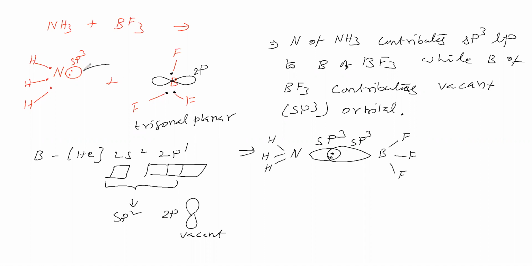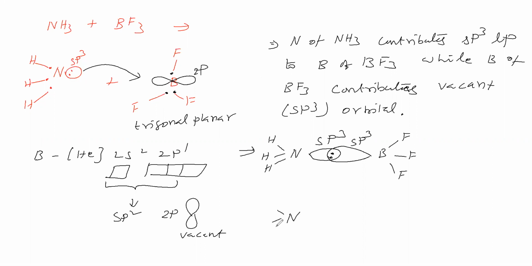So nitrogen contributes a lone pair of an sp3 orbital to the sp3 vacant orbital of boron of BF3, although we wrote 2p vacant orbital earlier. Why it is so, we will discuss later. Like this a dative bond is formed.